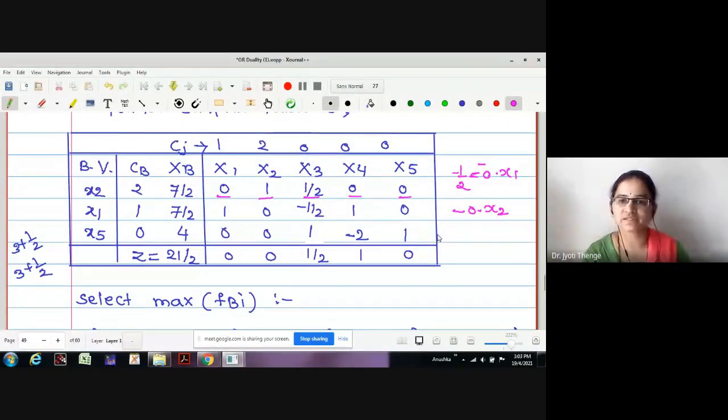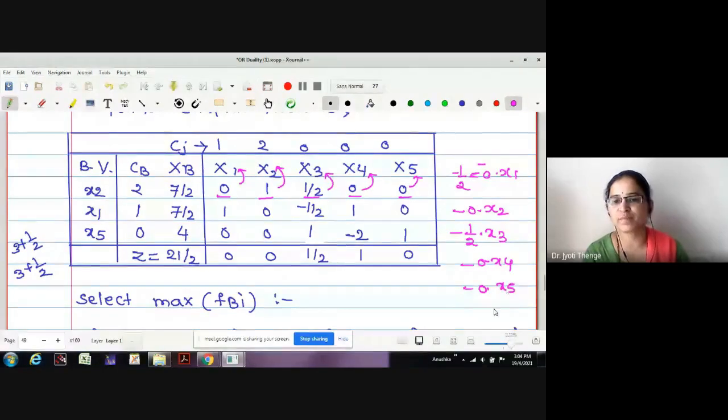Fractional part of x3 into x3, the fractional part into the corresponding variable, with the negative symbol. Again minus 0 x4, minus 0 x5, plus the Gomory variable g1.